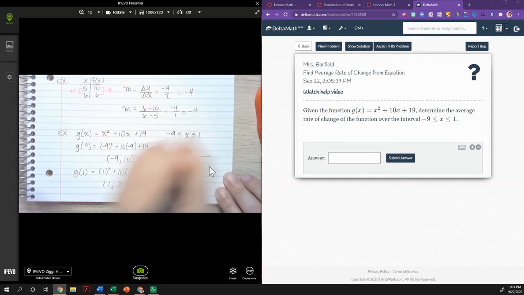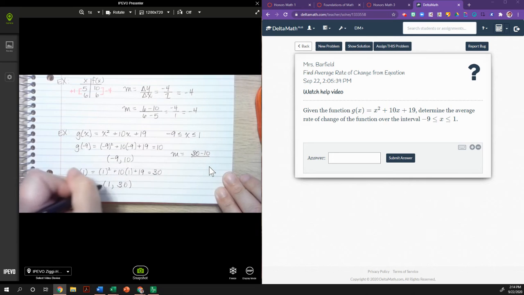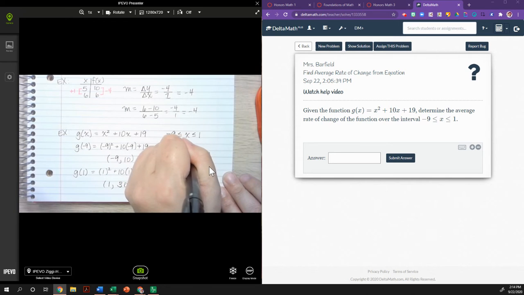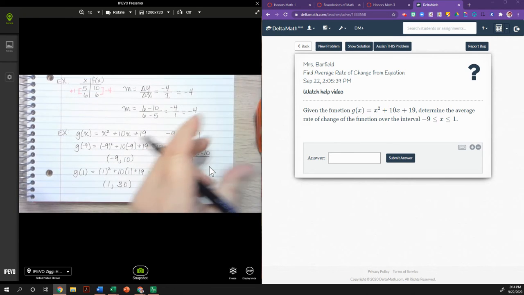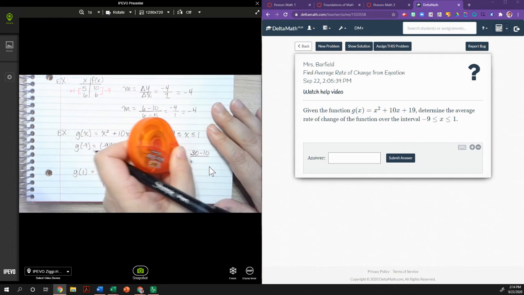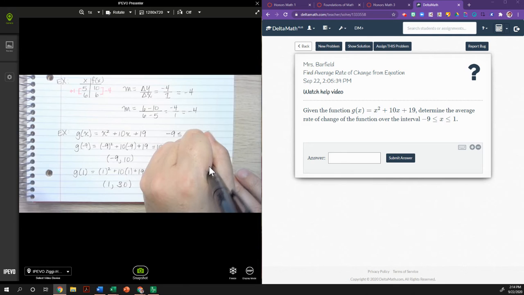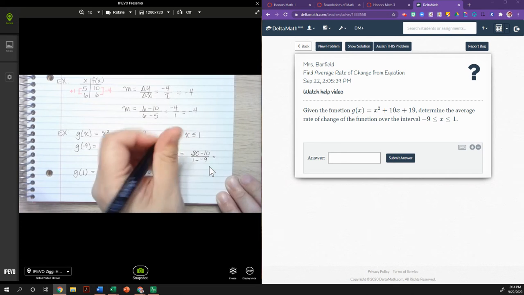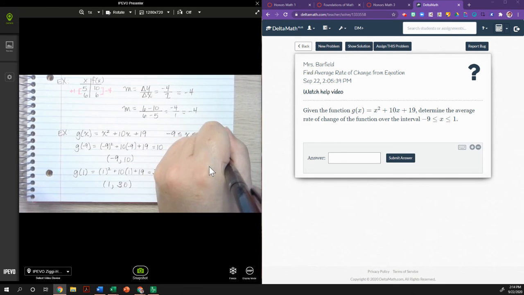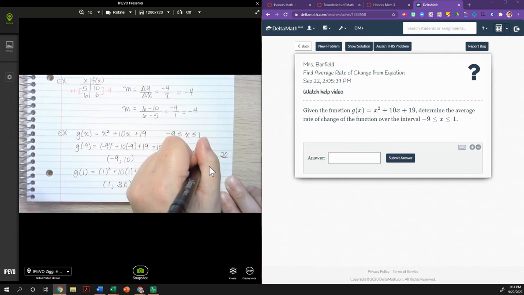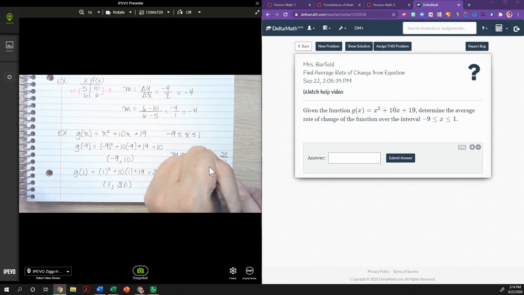So m equals 30 minus 10 over 1 minus -9. I cannot write today. 30 minus 10 is 20, and 1 plus 9 is 10, and 20 divided by 10 is 2.